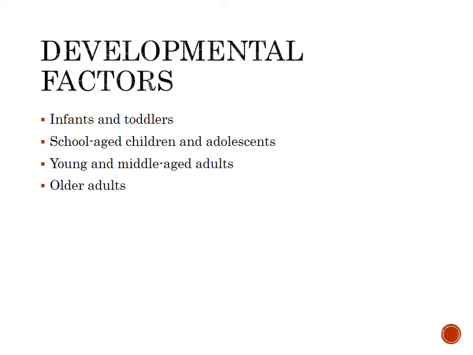As far as problems with infants and toddlers, they tend to get a lot of respiratory infections, primarily upper. Sometimes they'll also have some nasal congestion. And with your school-aged kids and adolescents, they do have a lot of exposure to respiratory infections. They can also have secondhand smoke. And some adolescents can also start smoking during their adolescent time.